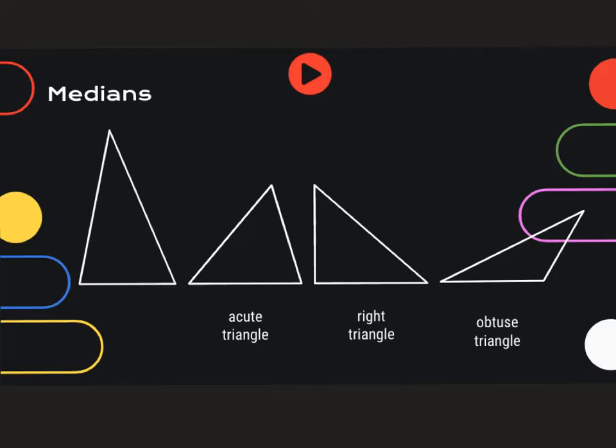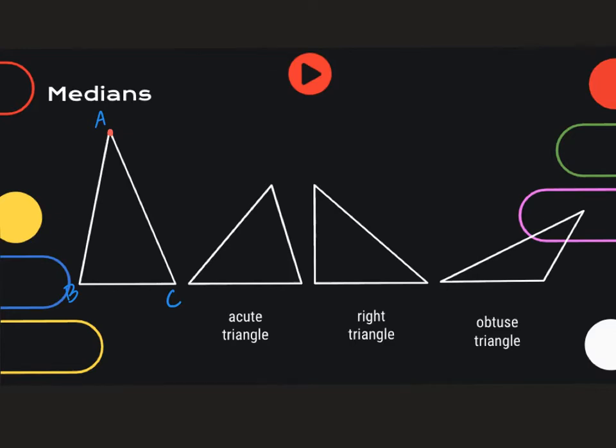We're going to begin by looking at this first triangle on the left, and let's talk about what a median is. So we're going to label this triangle A, B, C. If we begin at angle A, and this would be the vertex of our triangle.